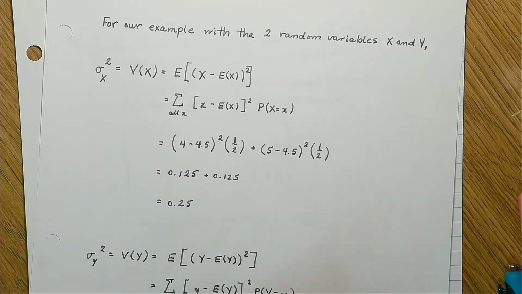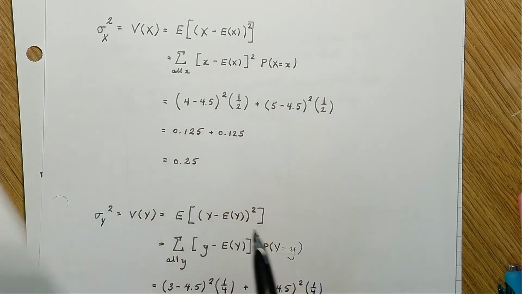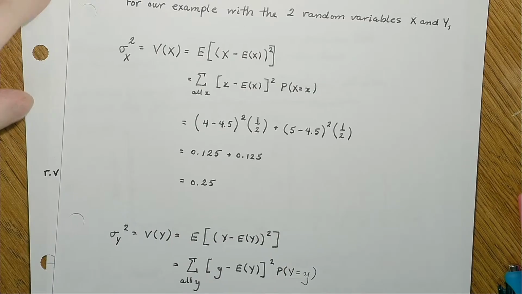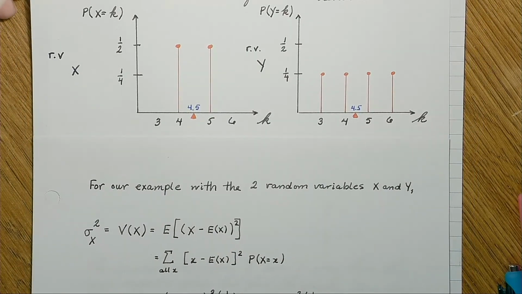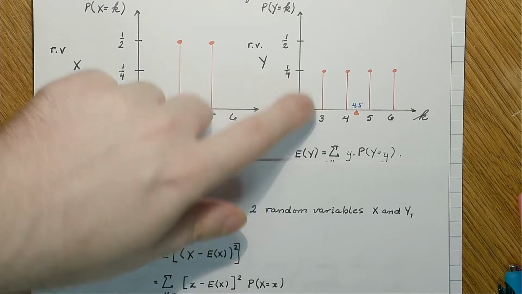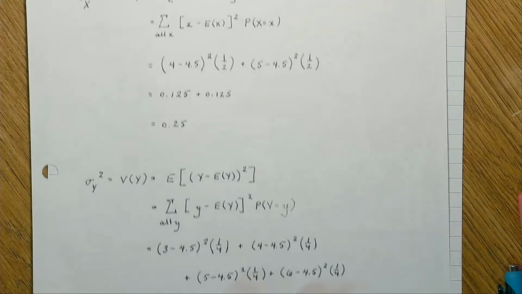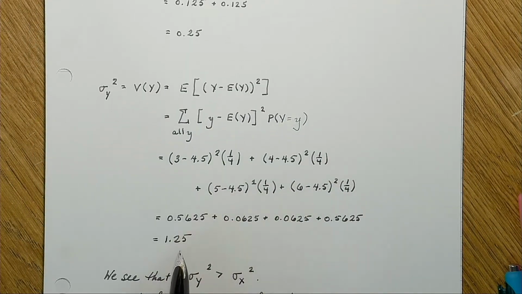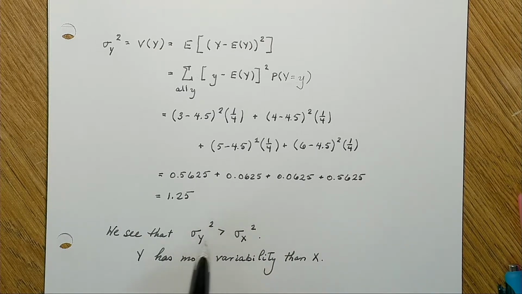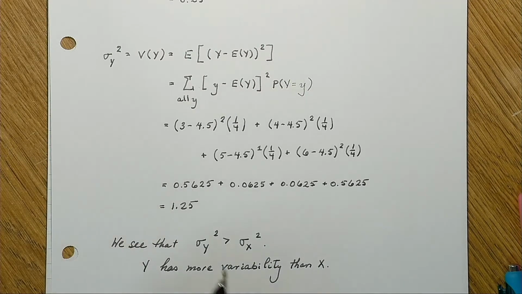So in this example, we did the variance for one of the graphs here. We found that the variance is 0.25. And over here, repeating the same calculation, we get 1.25. So again, we see that the variance of y is greater than the variance of x. Now I just wrote out a different symbol there, I have to be careful.